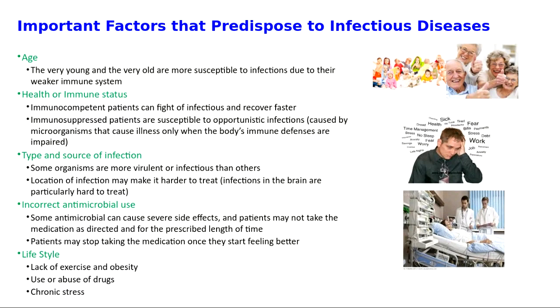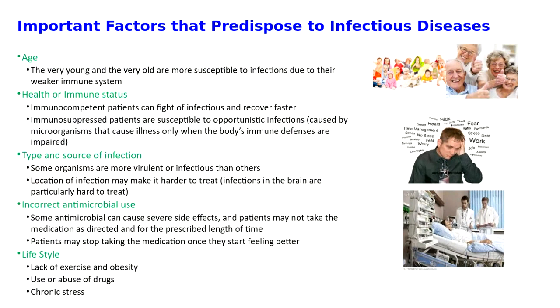Their immune system, their body is already compromised with trying to work properly with an underlying condition like high blood pressure, diabetes, or maybe they have cancer and they are going through treatments that weaken the immune system. Maybe there are other underlying conditions that will weaken the immune system and that will make them more susceptible to infectious diseases.